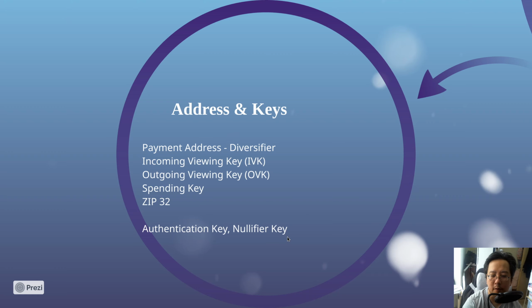There's also the notion of an outgoing viewing key, and that's kind of the opposite of the incoming viewing key, in the sense that it allows you to decrypt transactions that you make on the way out. So if you pay somebody and you forget to keep a record of that transaction, without the outgoing viewing key, you will no longer be able to decrypt the transaction that you made yourself, because the encryption is similar to public key and secret key encryption.